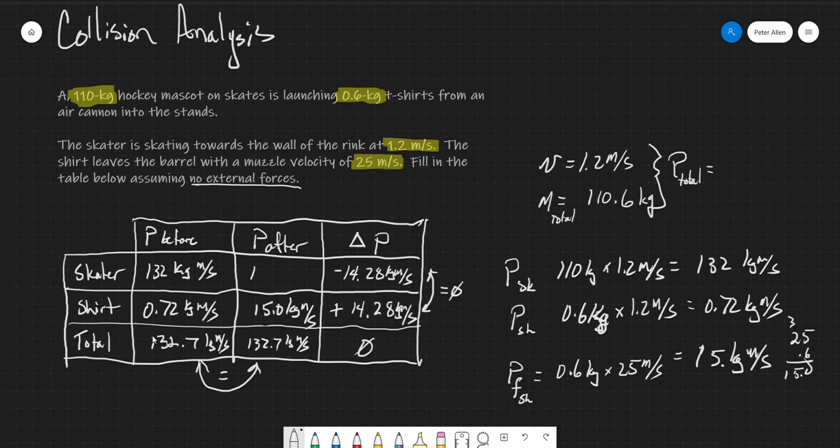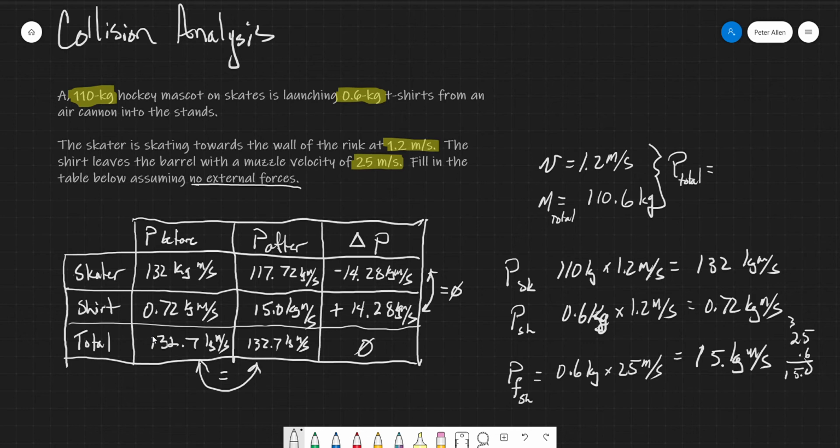It will be 117.72. Yep, that makes sense. 0.72 kilogram meters per second. Okay, and that's how we do our analysis.